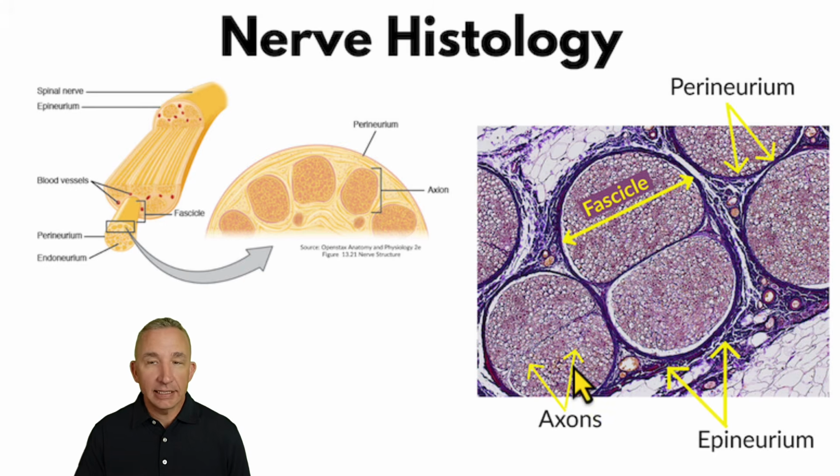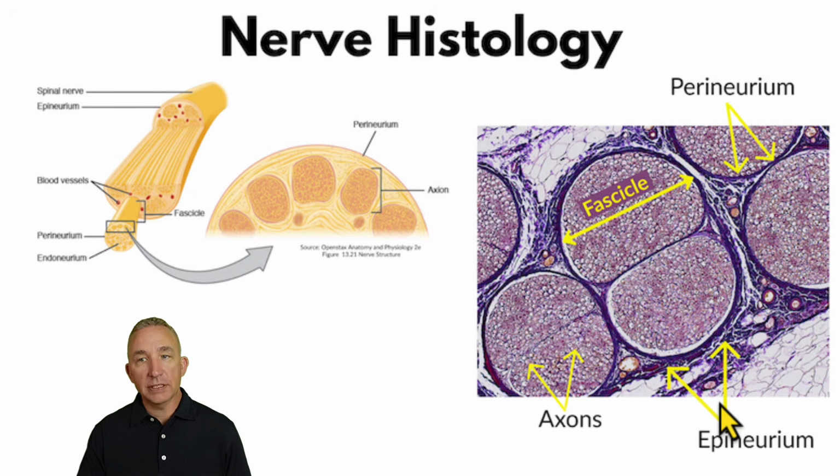But what I can't see, if I went on a higher magnification, all these tiny axons are going to be covered with endoneurium. So I cover with endoneurium, and then I take a bunch of axons and I wrap it with perineurium, and the perineurium is what forms a fascicle. And then I take a bunch of fascicles and I wrap them together with epineurium.